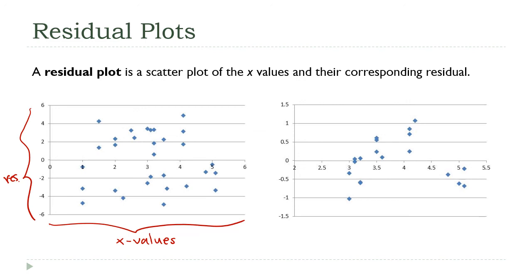Those data are scattered all over the graph space. That's what I'm looking for. If you get something like what I have on the other side here, this data does not appear to be as random. I've got clumps. I've got a clump of values down here. I've got another clump of values over here. If you're seeing something like this, you need to be suspicious.